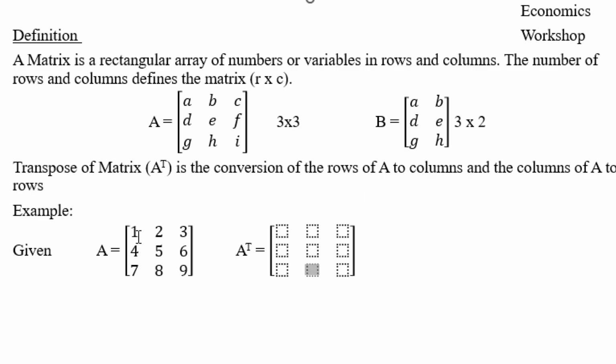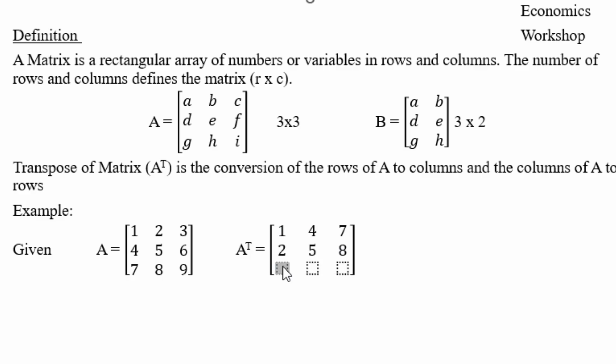So to do that, this is the column here, we have column 1 4 7. To transpose that, it will be 1 4 7 as a row, and this is 2 5 8, and that is 2 5 8, and lastly we have 3 6 9.